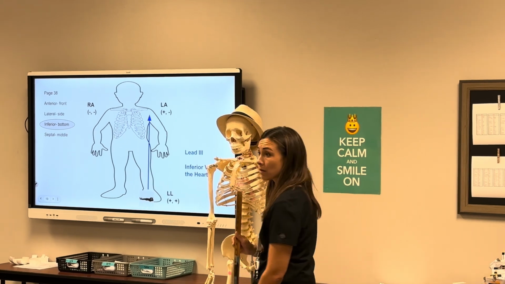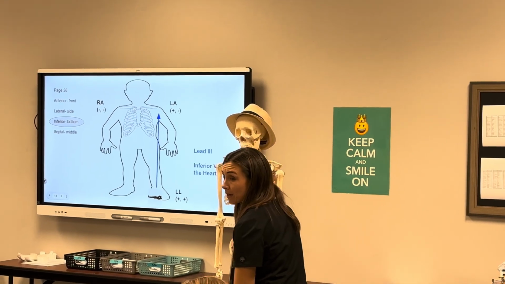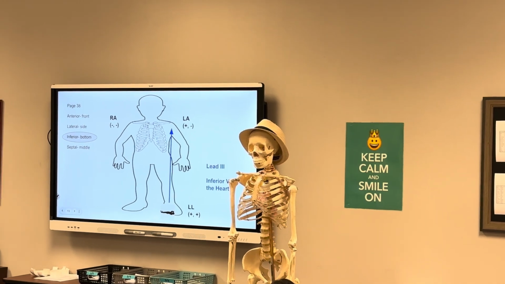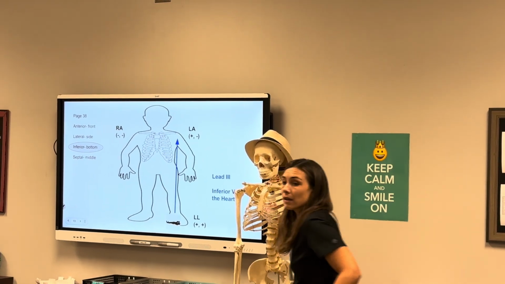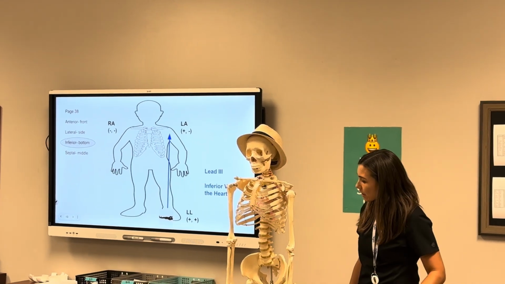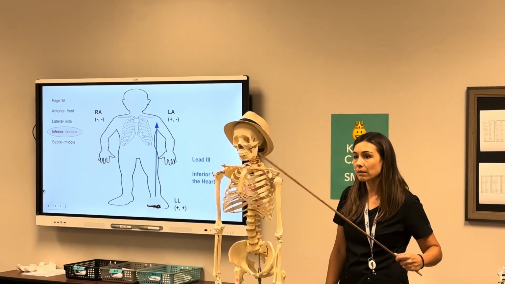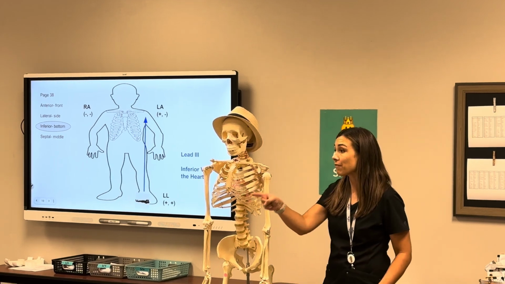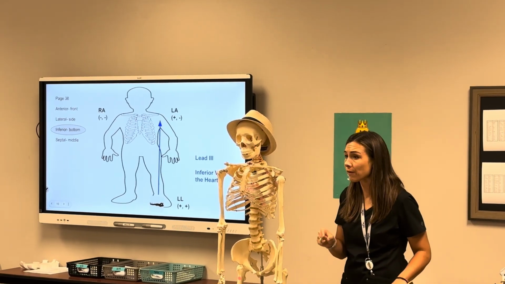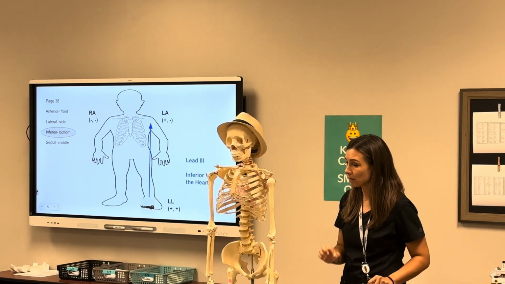We're still inferior because we are looking up. I'm like, oh, I still see Nina's bottom. So I'm looking upwards. Should my lead 2 and my lead 3 look the same? Not the same, but very similar, right? They'll be different, but very similar.